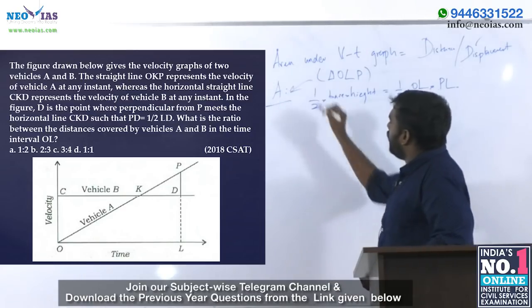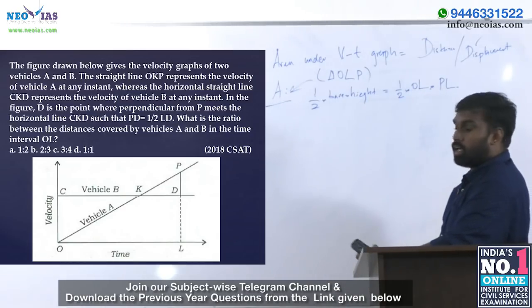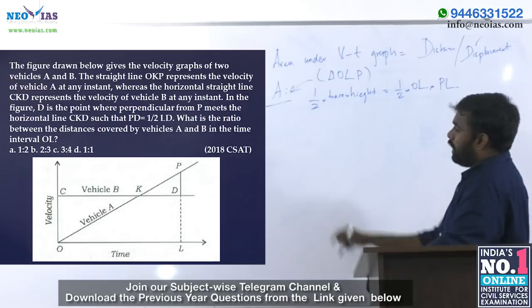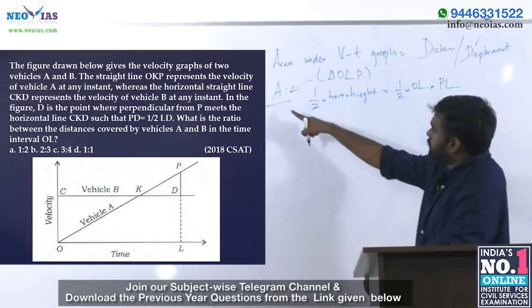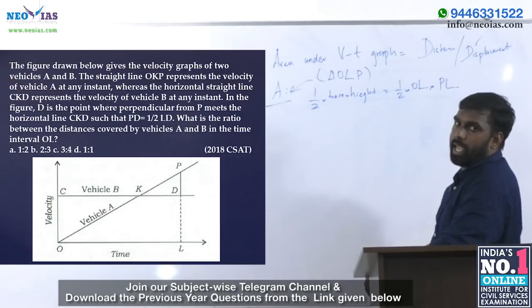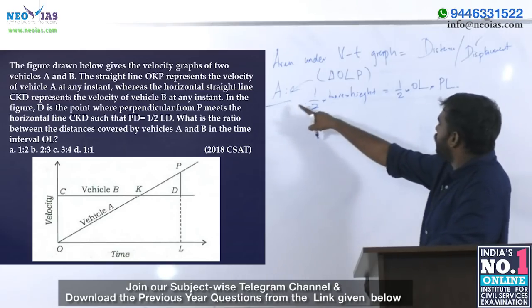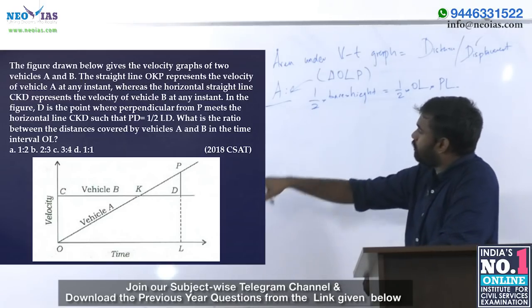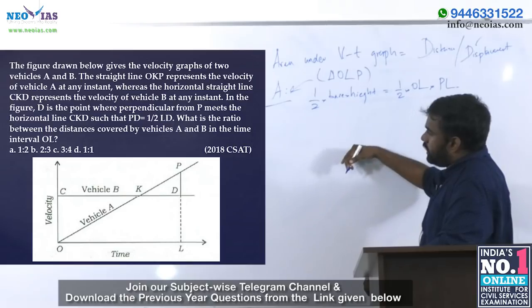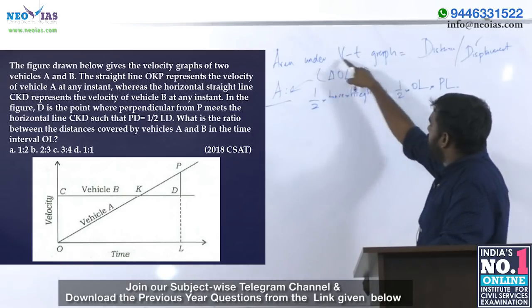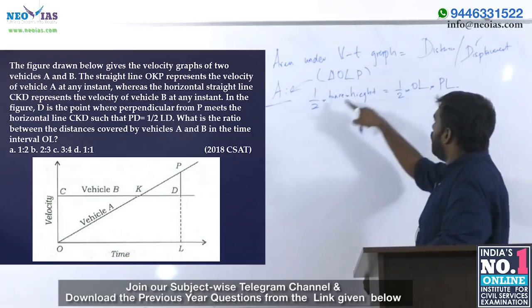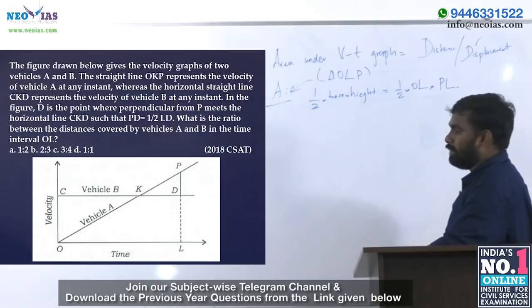This is the area under the velocity time graph given by vehicle A, right? So vehicle A is plotting a graph OKP and the area under that is given in the triangle OLP, and half into OL into PL is the area.